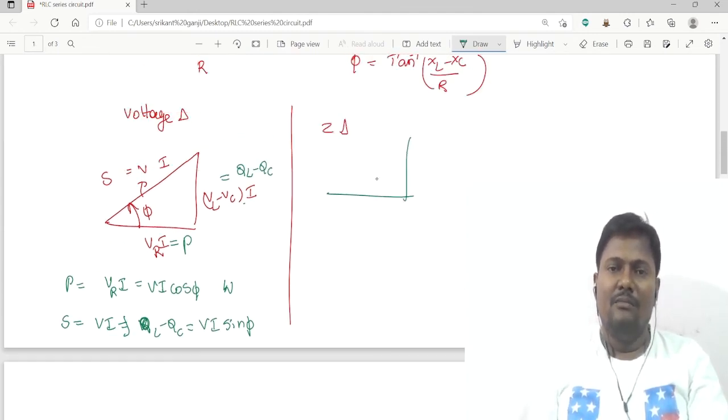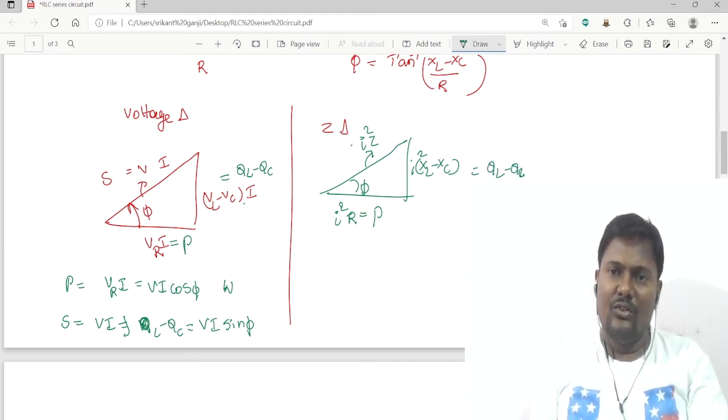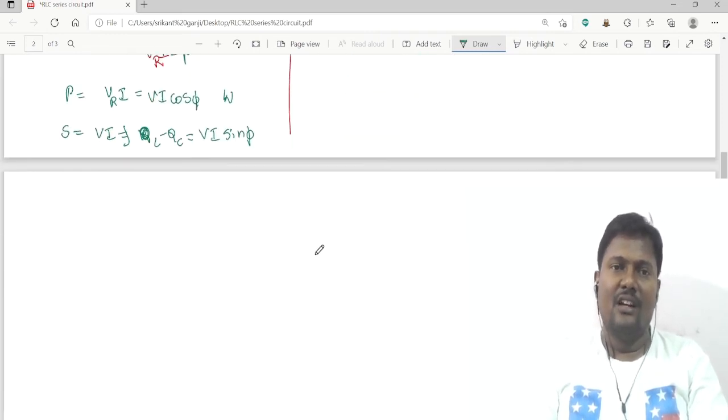So coming to the impedance triangle, this one is R, vertical component is XL minus XC, and this is impedance. Multiplied by I square with all the terms, this is active power, net reactive power is QL minus QC, and the complex power is I square Z.